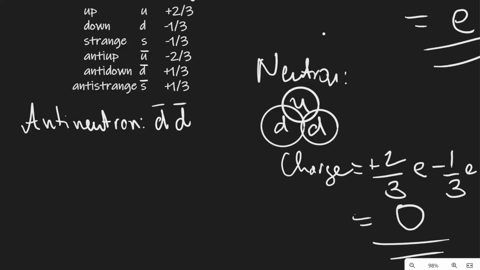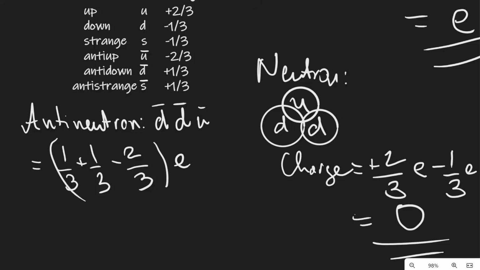It's going to be made out of 2 anti-downs and an anti-up. And if we were to add up those individual charges, we're still going to get 0. So for instance, the antineutron will be made of 2 anti-downs, as we said, which is going to be plus a third, and then the anti-up, which is going to be minus 2/3, which of course is equal to 0.